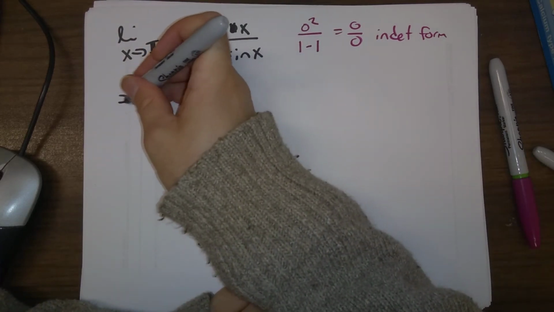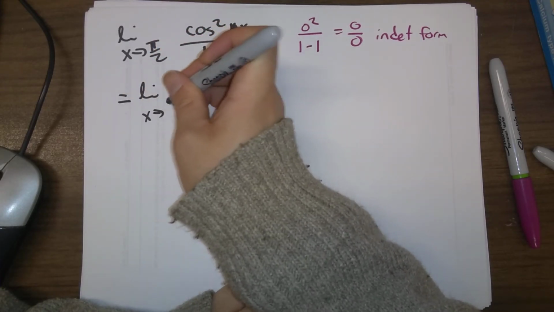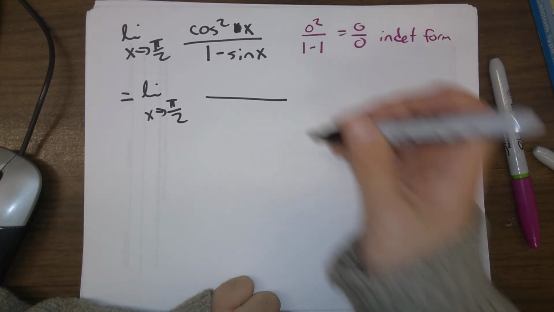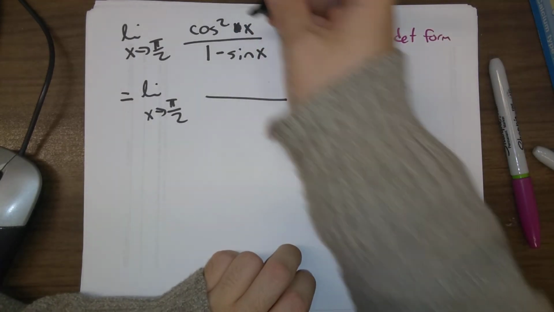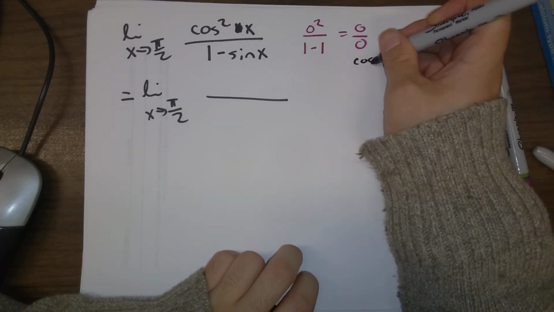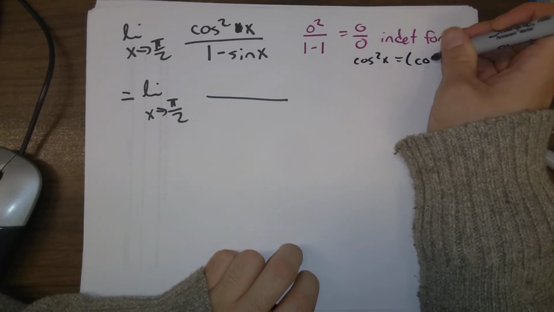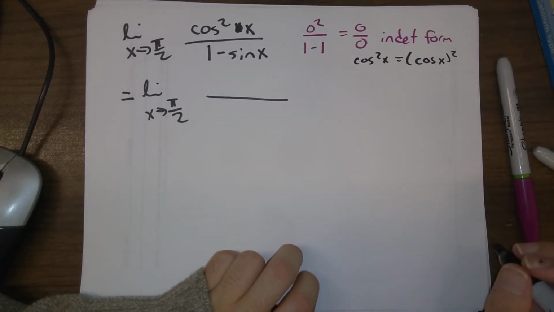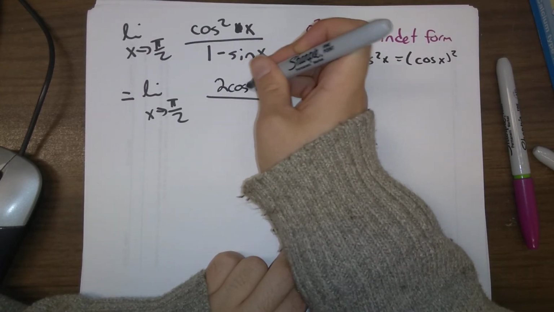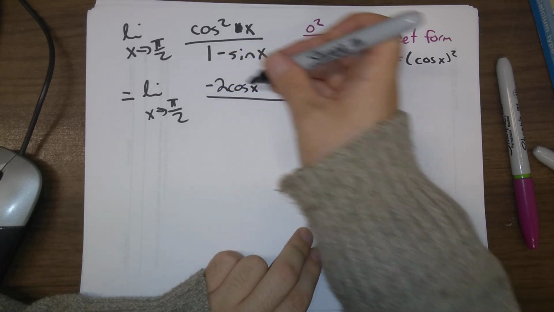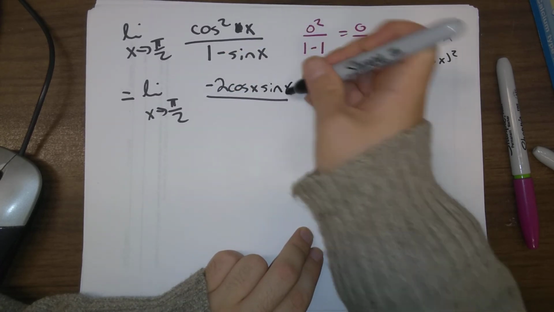So let's take the derivative of both the top and the bottom. For the derivative of cosine squared x, that's really cosine of x quantity squared, so we can use the chain rule here. So we get 2 cosine x times the derivative of cosine x, which is negative sine x.